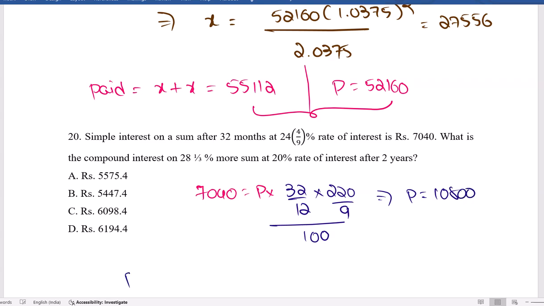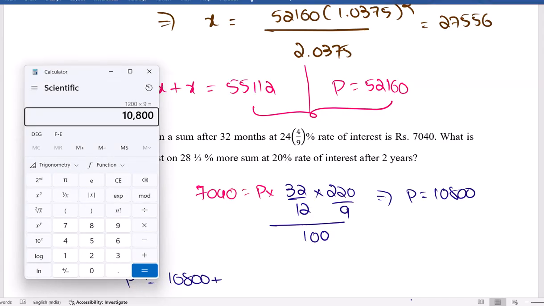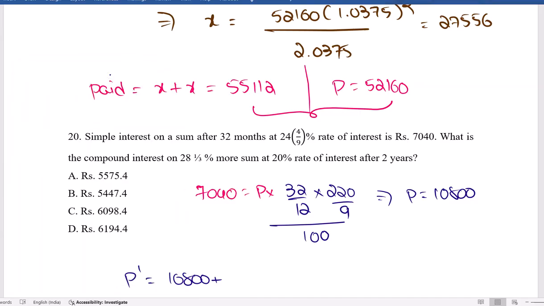Now for compound interest the principal is increased by 28 1 by 3%. 28 1 by 3%, it's increasing. So 10,800 plus 28 1 by 3 which is 85 by 3, so 1 plus 85 divided by 300, into 10,800 will give 13,860.